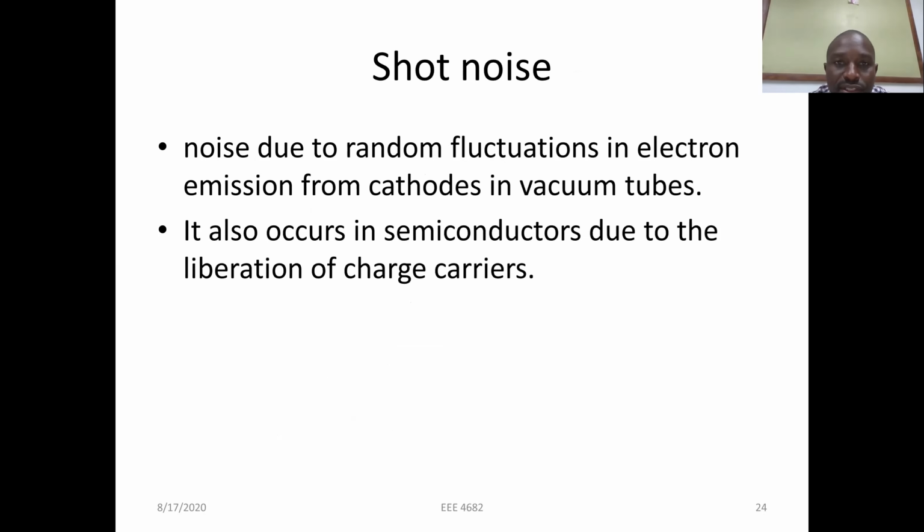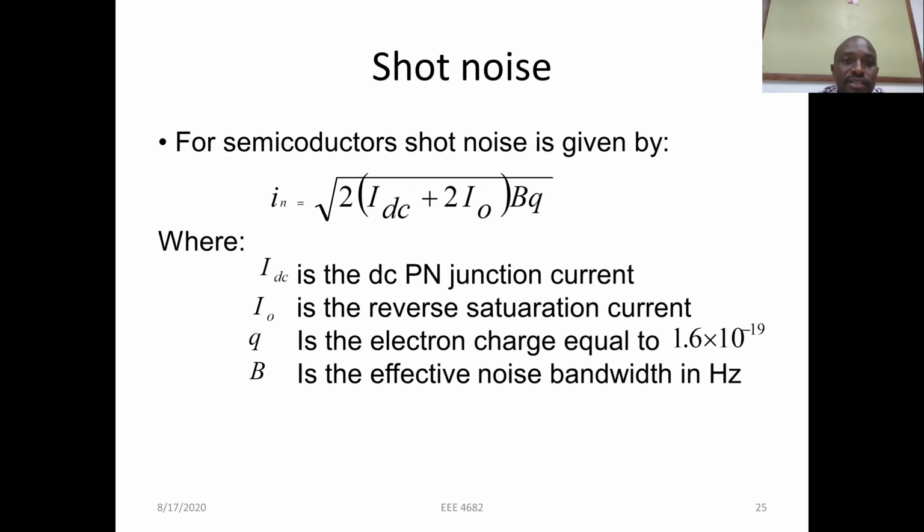Another example of internal noise is shot noise. This is noise due to random fluctuations in electron emission from cathodes in vacuum tubes, or in semiconductor materials, this is noise due to the variation of charge carriers. It can be calculated using the equation shown here, where In is the shot noise and is given by the square root of 2 multiplied by the summation of IDC plus 2IO, multiplied by BQ.